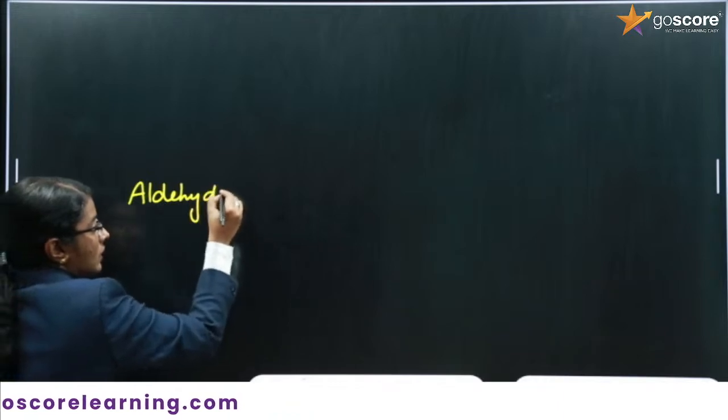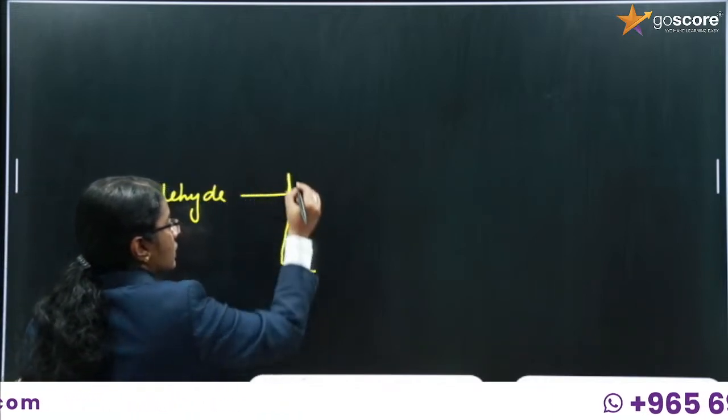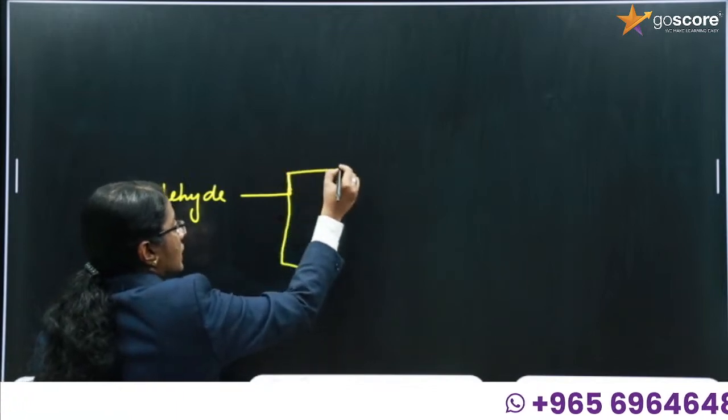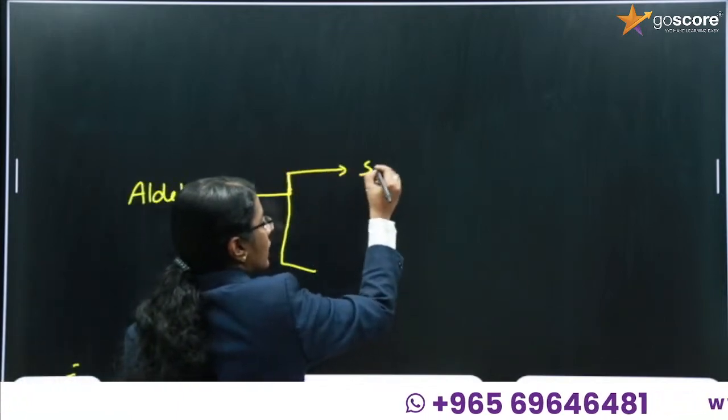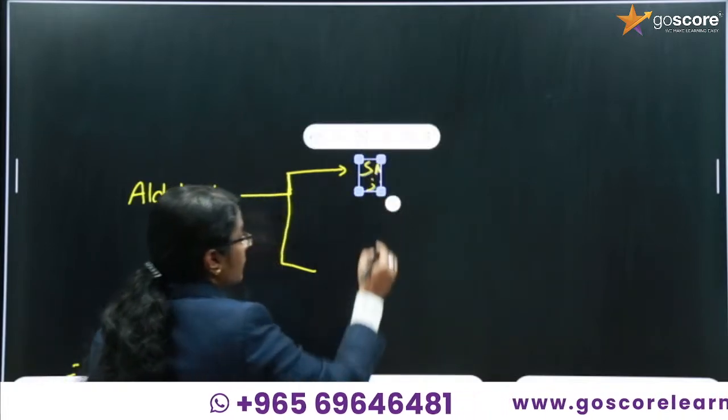Aldehydes can be classified into three: simple aldehyde, alicyclic aldehyde, and aromatic aldehyde. The first is simple aldehyde, or you can say aliphatic aldehyde.